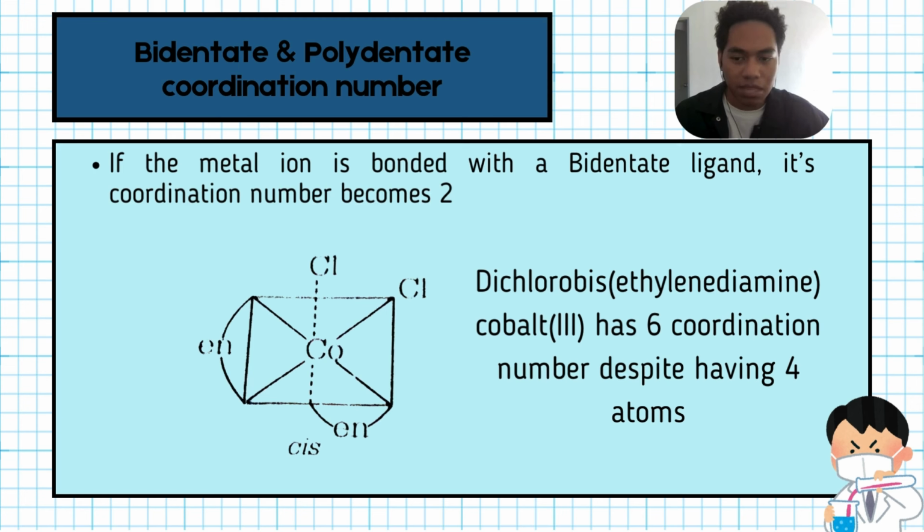So one en corresponds to a 2 coordination number. Now another example is a hexadentate ligand, which is ethylenediaminetetraacetic acid, or in other words, EDTA. One EDTA has a 6 coordination number, so different types of ligands have different corresponding coordination numbers.